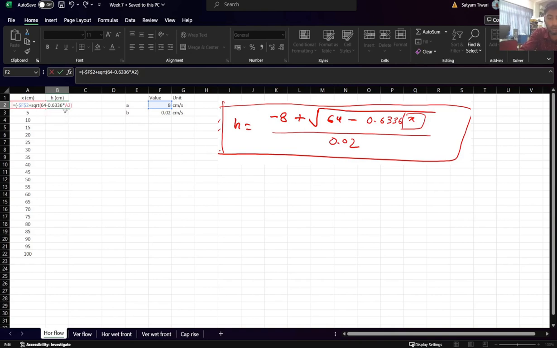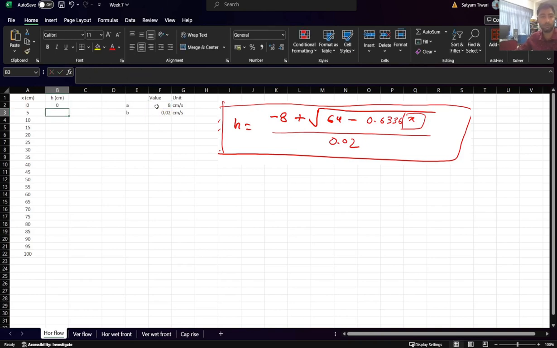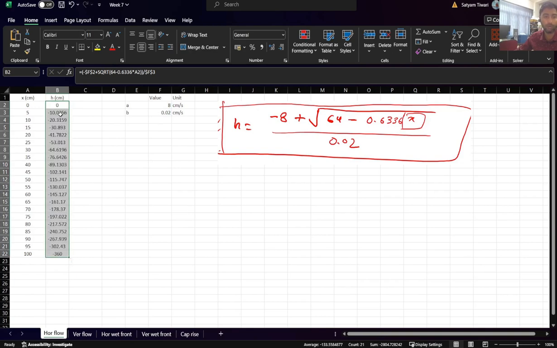So this square root will close, and we'll close this bracket also, and the whole will be divided by the value of b. So we have written this formula, and if we copy this whole formula for all the values, then we will observe the variation of head.